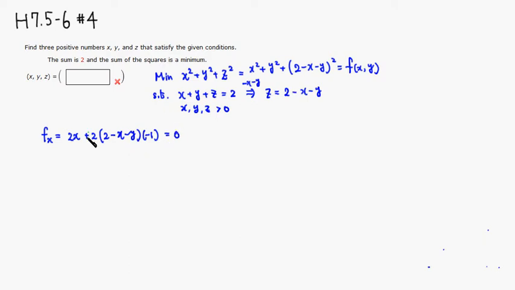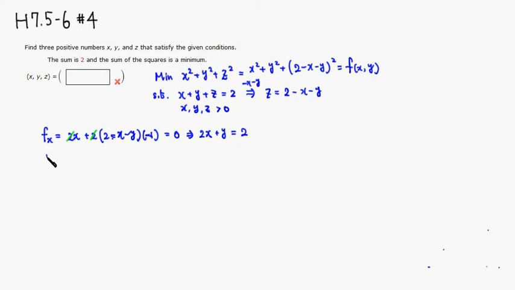Divide through by 2. Zero divided by 2 is still 0, and this simplifies too: x plus x is 2x, and a negative y, so plus y, and minus 2. I'm going to put it on the other side and write it as plus 2.